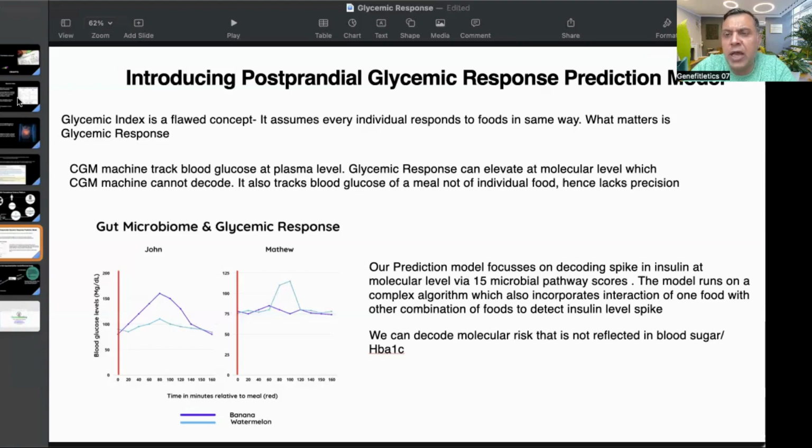We also see how a food is combined with other foods. For instance, rice or potato may not spike your blood sugar level, but if it's combined with other foods, it may lead to a blood sugar spike. So we see the combination of one food with other foods and the impact on insulin levels, right?